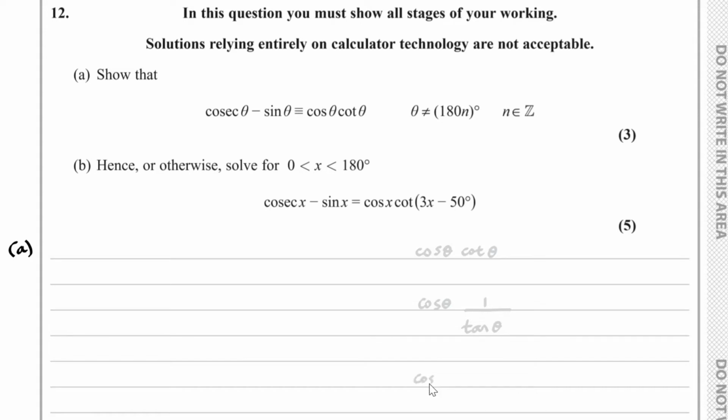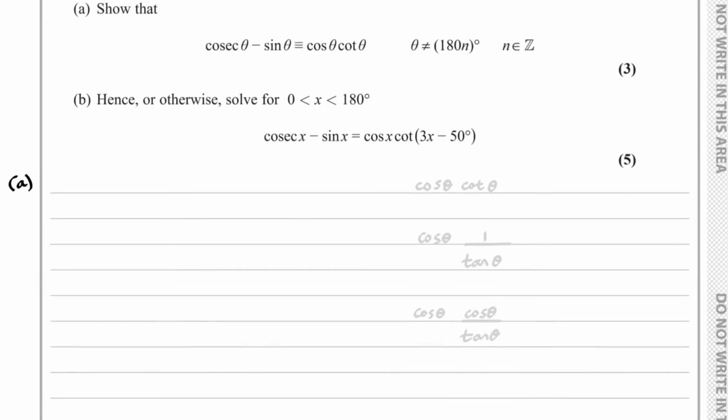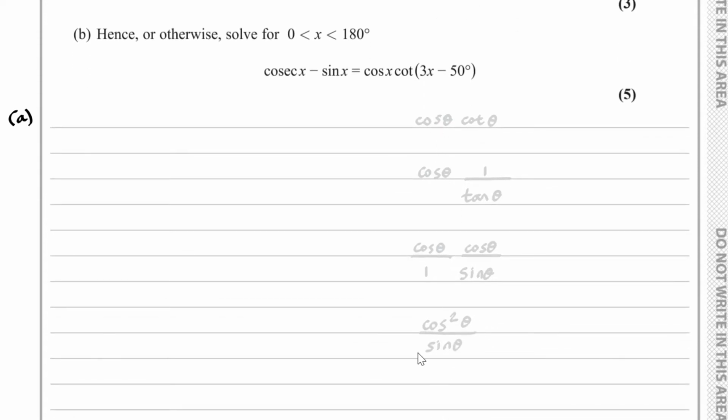So here we have cos theta multiplied by cos theta over sine theta. And we can rewrite this as cos theta over 1 times cos theta over sine theta. So here we get cos squared theta over sine theta.